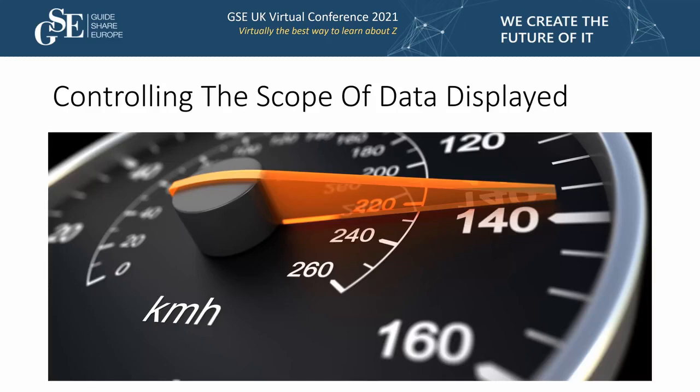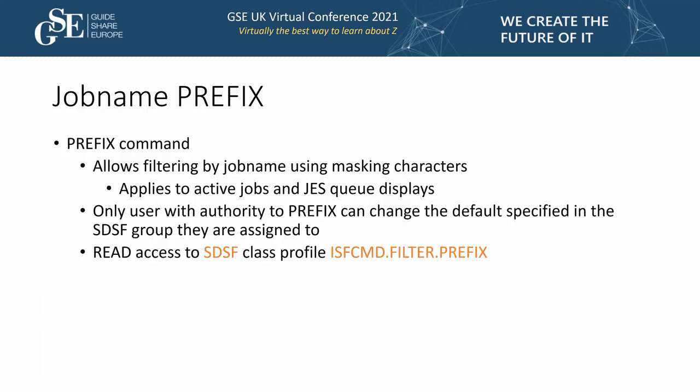Okay. Thank you. Okay, controlling the scope of the data display. So remember when I said that the group statements in ISFPRM are not used for security? Well, this is where there's a slight exception. The job name prefix basically alters the scope of jobs that you can display on the queue panels in DA, IH, ST. So it allows you to filter by the masking characters on that job name.